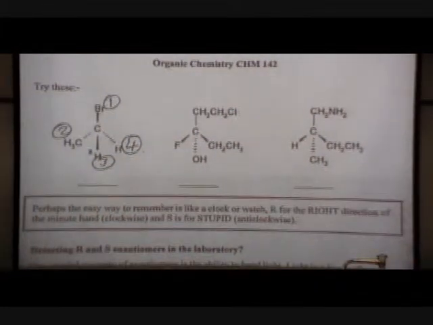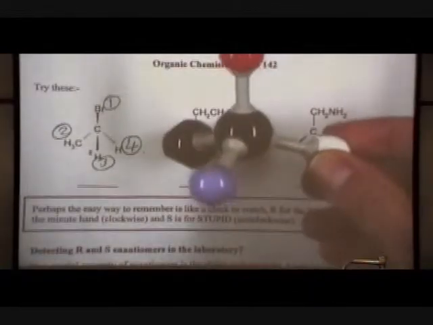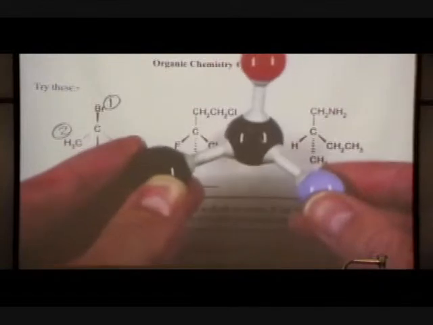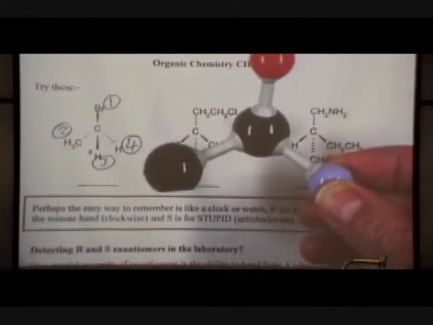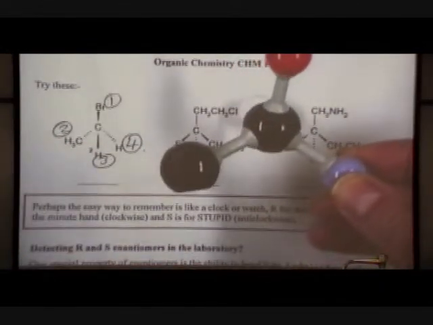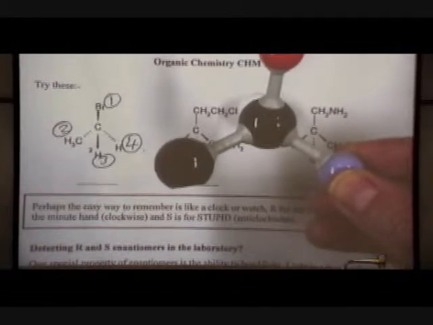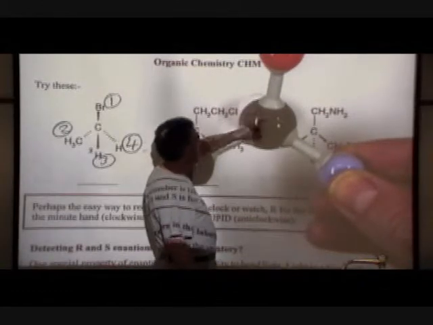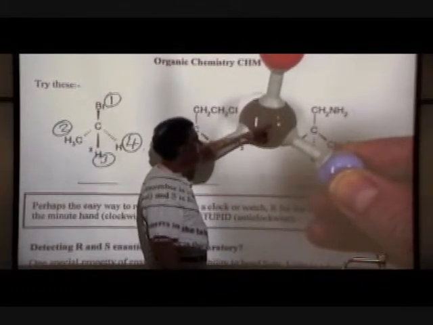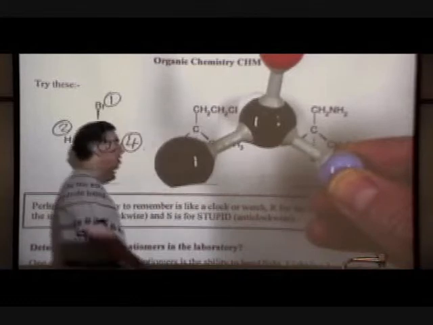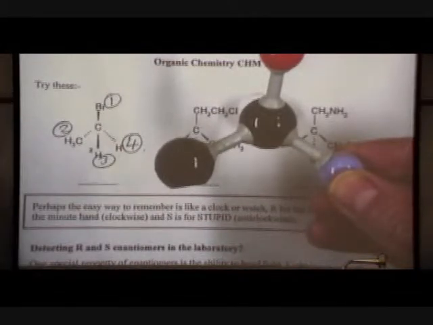We want the lowest priority group to be rotated around to the back of the molecule. So eclipse the hydrogen at the back, that lowest priority group, behind the stereocenter, and look at the direction the three remaining groups go.